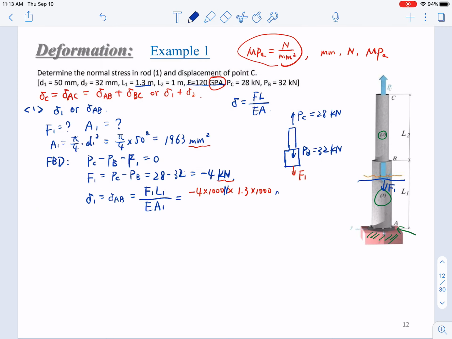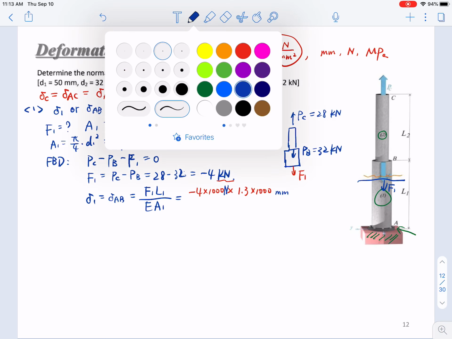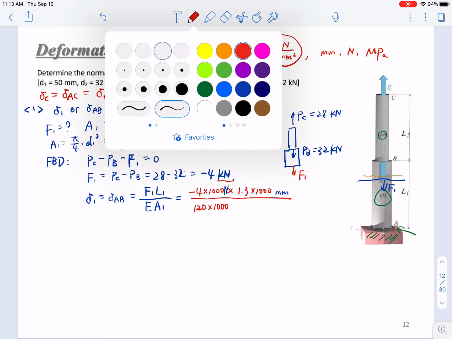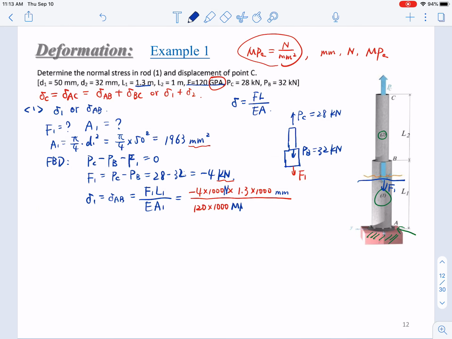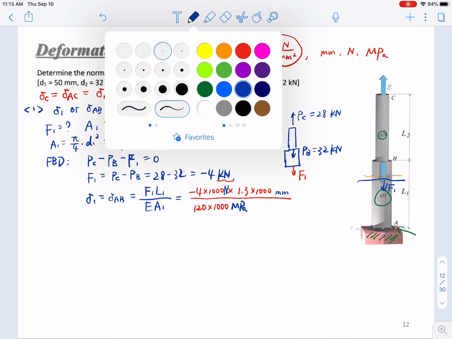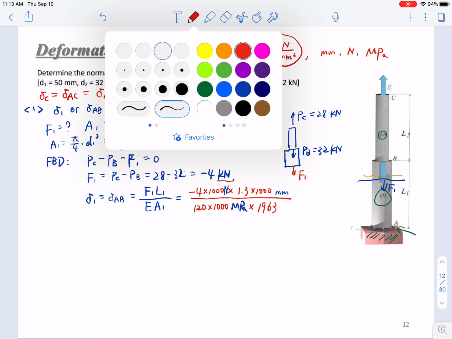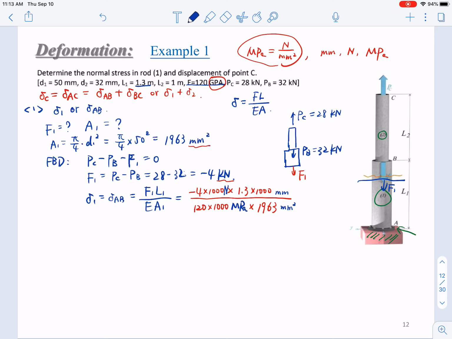Newton here, millimeter here, right, over E, the E is 120 GPa. GPa is just 120,000 MPa. Times the area A is 1963. Millimeter square.